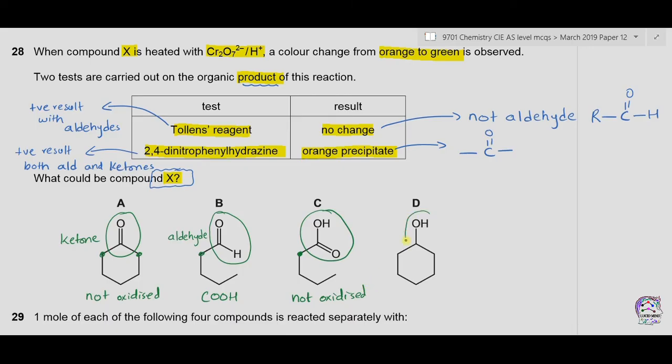In D we have a secondary alcohol group, as 2 alkyl groups are attached to the carbon atom attached to OH, so therefore this will be oxidized to a ketone. So the only option that can give a ketone is D.